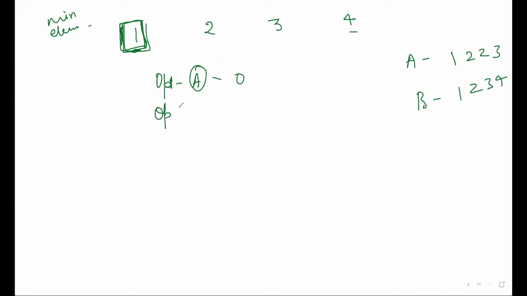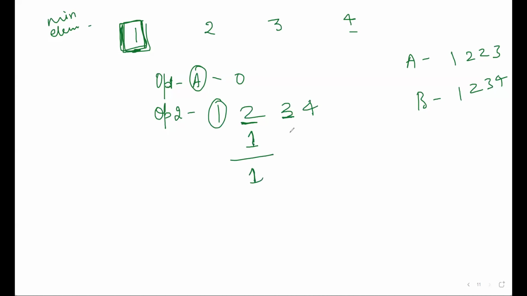Now, how many operations do I have to perform in array B to make sure the maximum element is less than or equal to 1? Do I need to change this? No. Do I need to change this? Yes, you need to make it 1. So one operation.